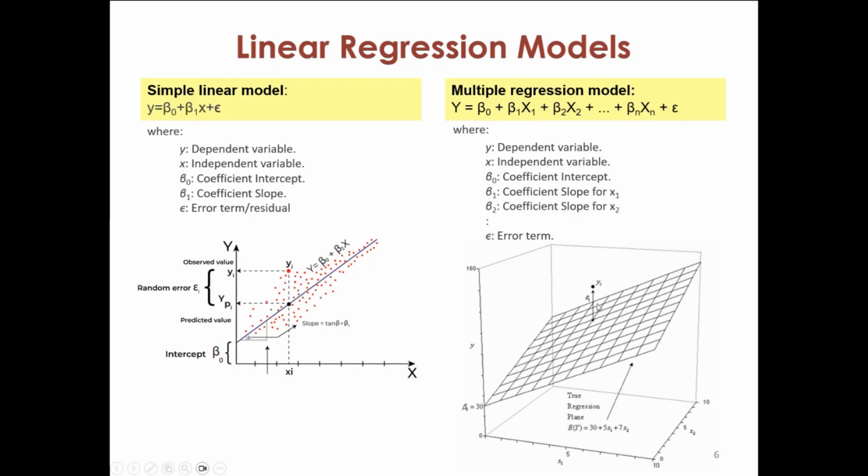As you can see, the plane represents the predicted value, and the dot here is the actual value, and the sigma i here represents the residual.